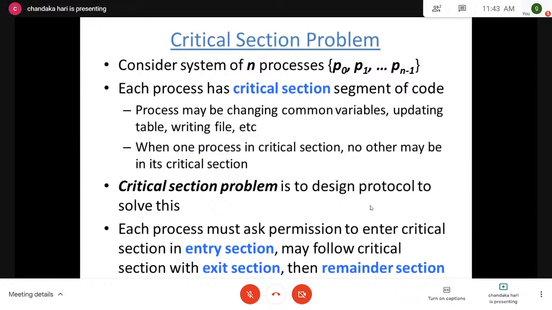Now, we have already seen one definition: what is a process? A process can be thought of as a program in execution.